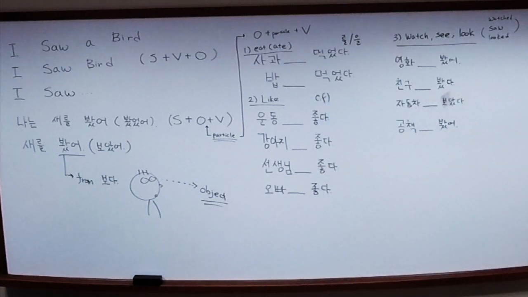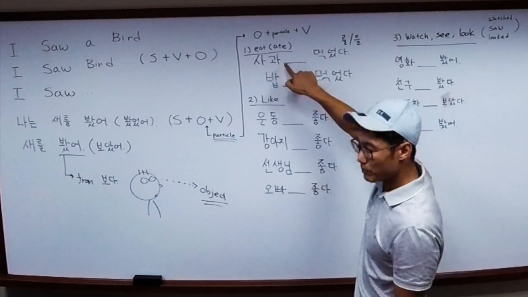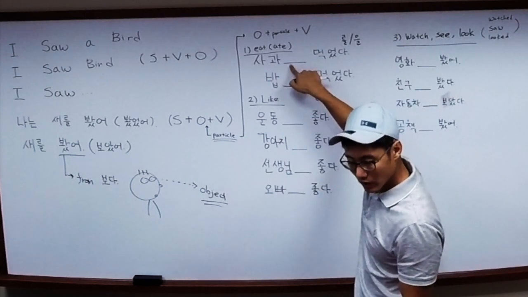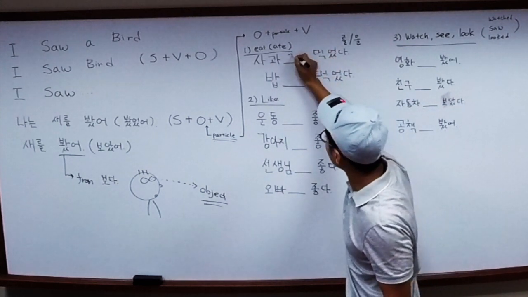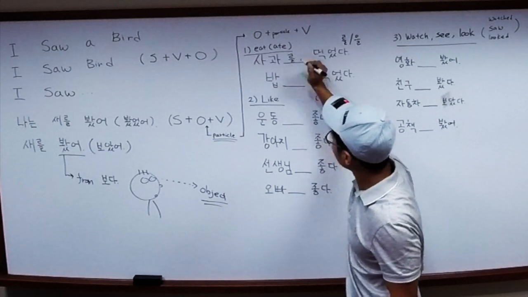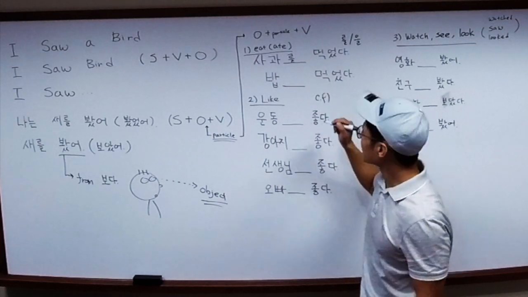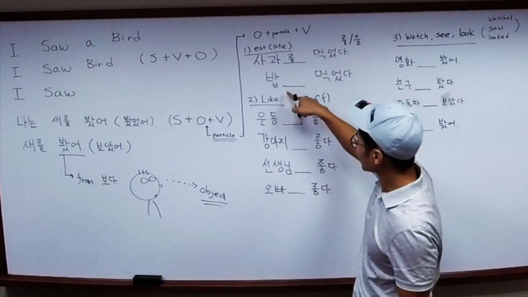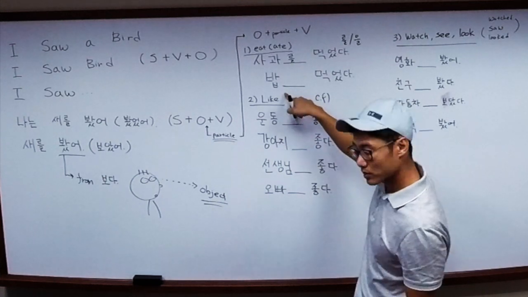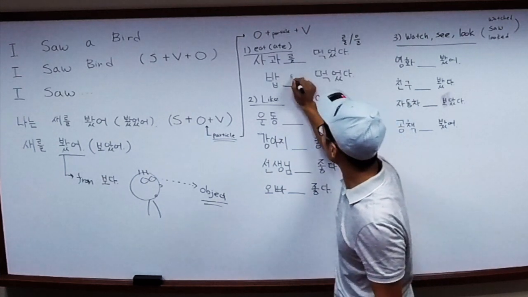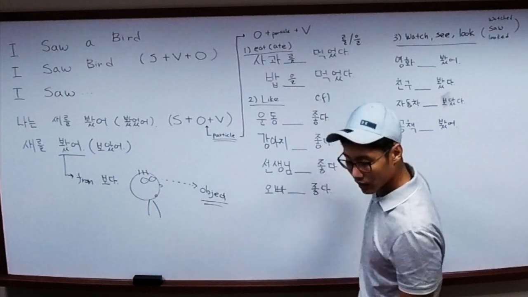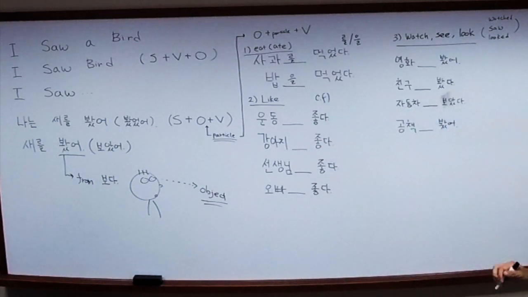Okay. So when the letter right before the particle doesn't have any 받침, we stick with 를. But if the letter right before the particle has 받침, we use 을. 사과를 먹었다, 밥을 먹었다.